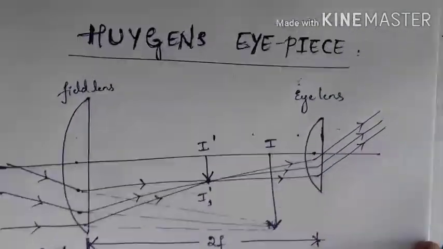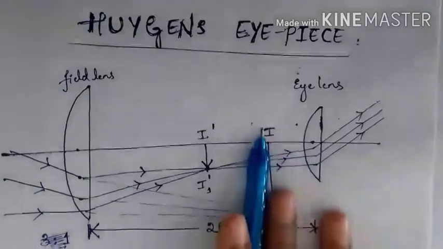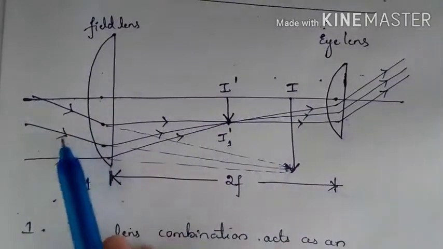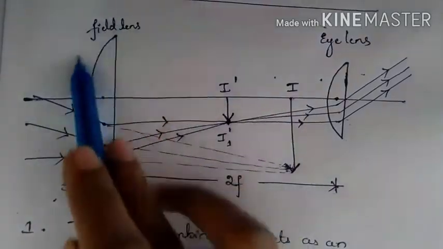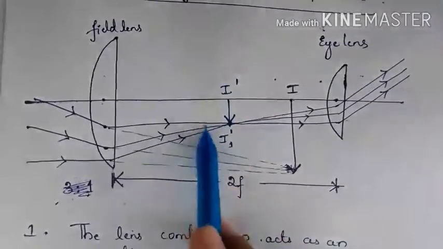So, in our last class, we understood the theory of Huygens eyepiece. So, what is the theory? The converging rays which are coming from the objective lens are again refracted by the field lens and the real image is formed at I1.